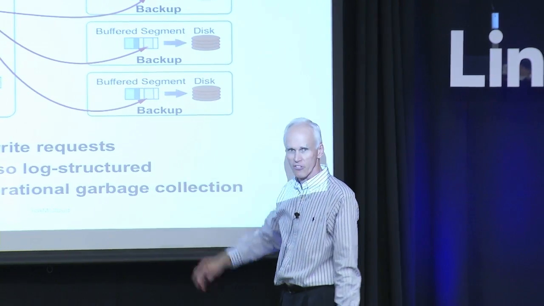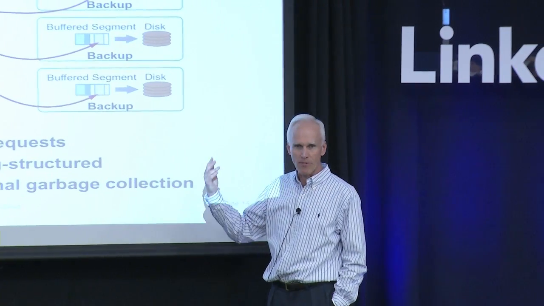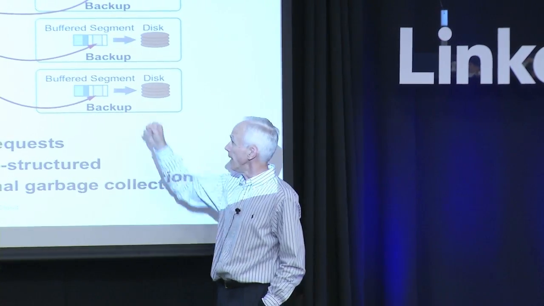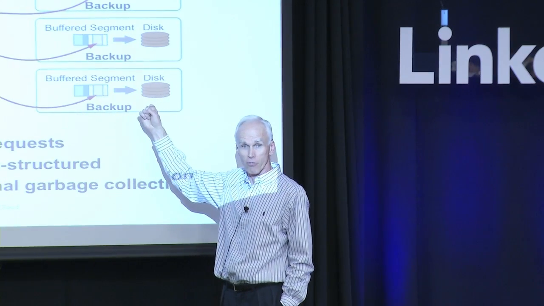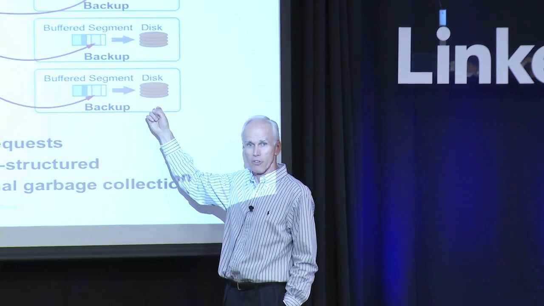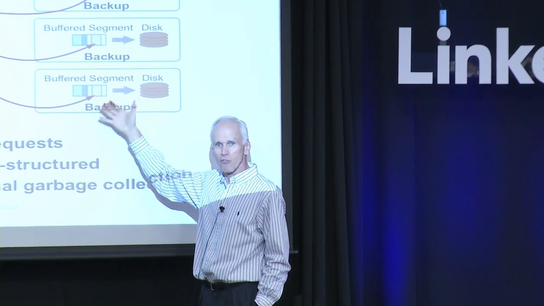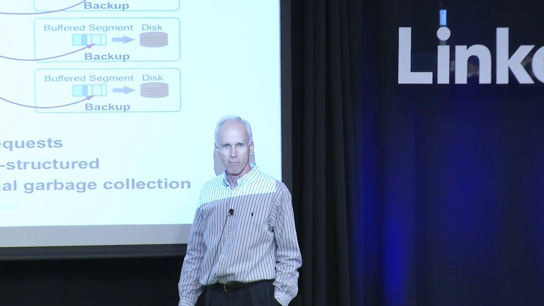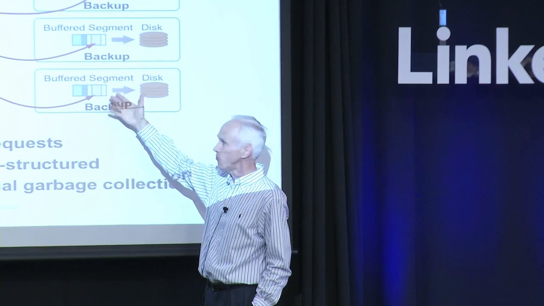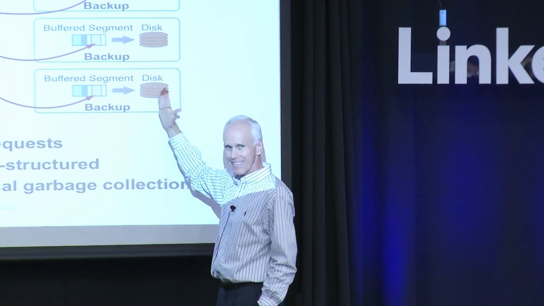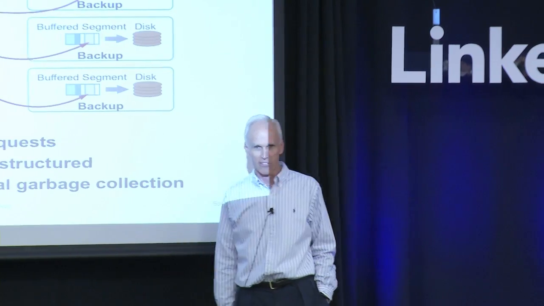No data has been written to disk yet. The rule I mentioned about this is the backups have to guarantee that even in the event of a power failure, they can get the data to safe secondary storage before the power goes out. So basically, the backup has to guarantee that data in its memory is roughly as durable as data on disk. So if the backup machine explodes, we lose both. That's fine. But if the power goes out, the backup has to be able to get the data to disk before it breathes its last breath.